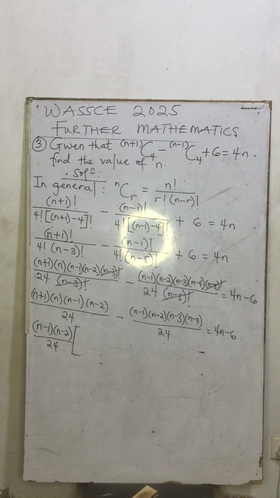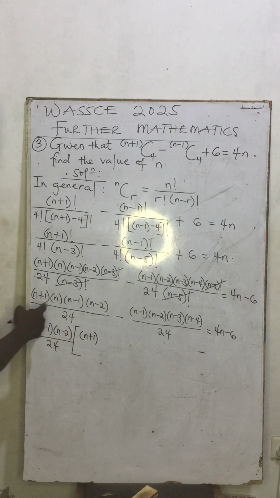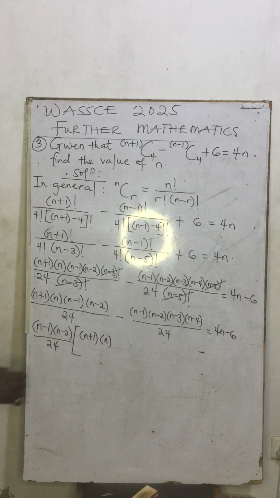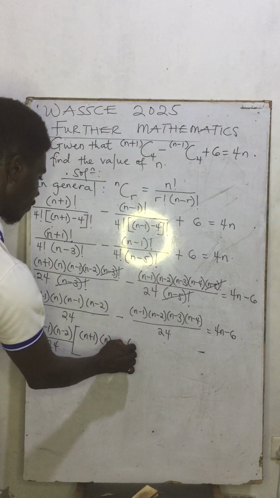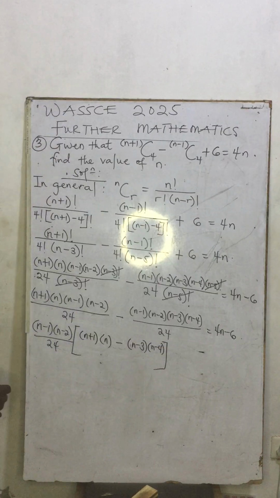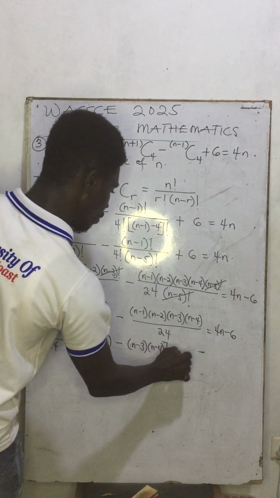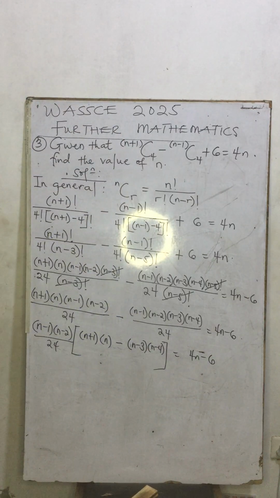Then we use our big brackets, which will have (n+1) times n, then minus (n-3)(n-4) in here, is equal to 4n minus 6. Alright.